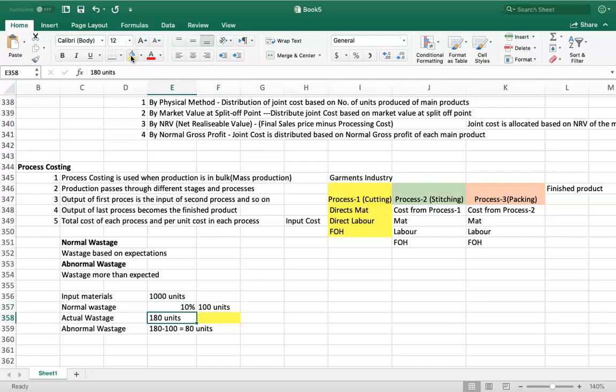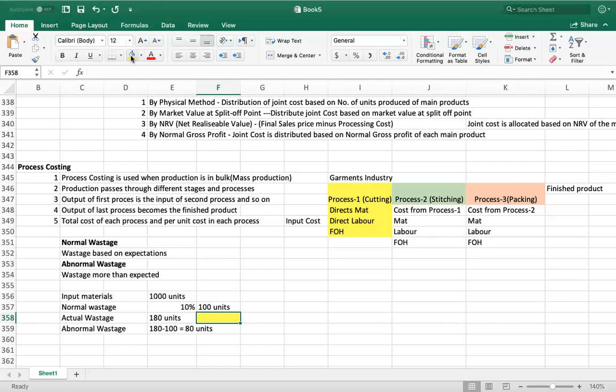Why? Any idea why it is more? Maybe regarding machine or employees. Maybe your machinery is not working well, so it is wasting material. Or maybe your workers are not efficient, not skilled, not experienced, they don't know the work. So it may be any reason.